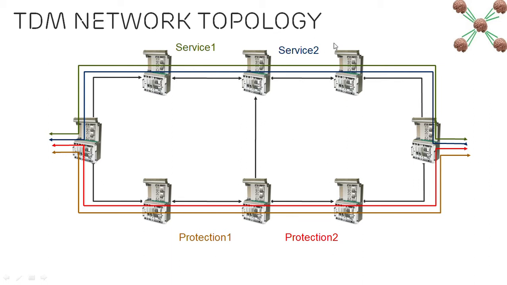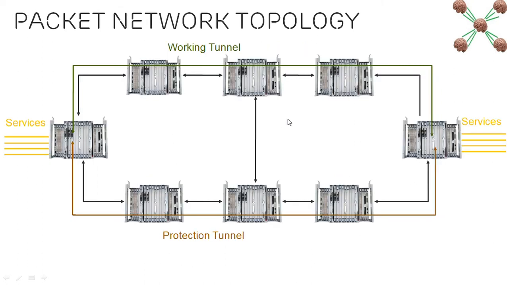But if you don't build a protection, then this service will not be protected. So it's not that everything is inherently protected. You have to protect it if you want, and if you don't want to, you can leave it as an unprotected service. But if you have different services, then each service has to be protected separately.